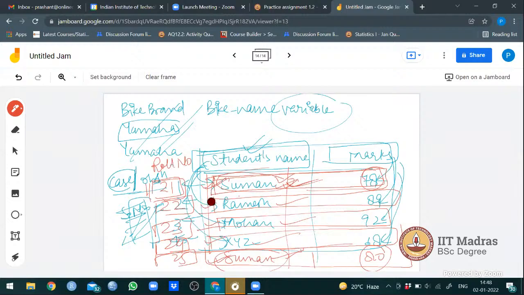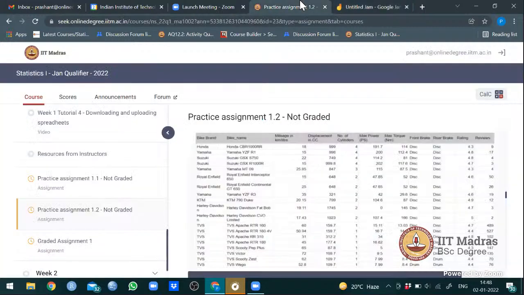In the practice assignment question, what will be the case if it is not this? Then roll number will be your cases. Similarly, Suman is not a variable.